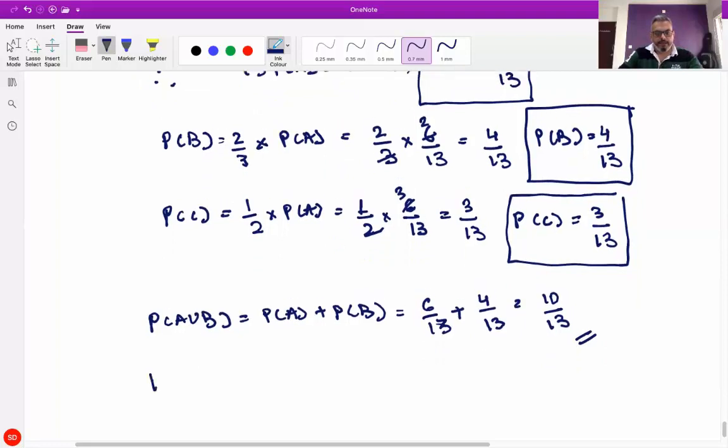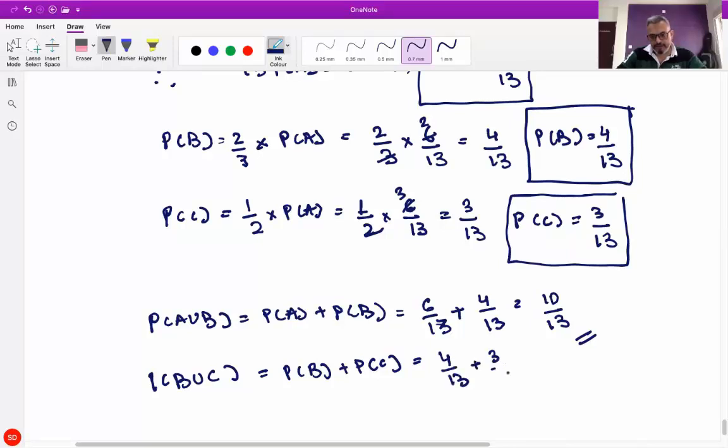And P of B union C is equal to P of B plus P of C, which is equal to 4 by 13 plus 3 by 13 is equal to 7 by 13.